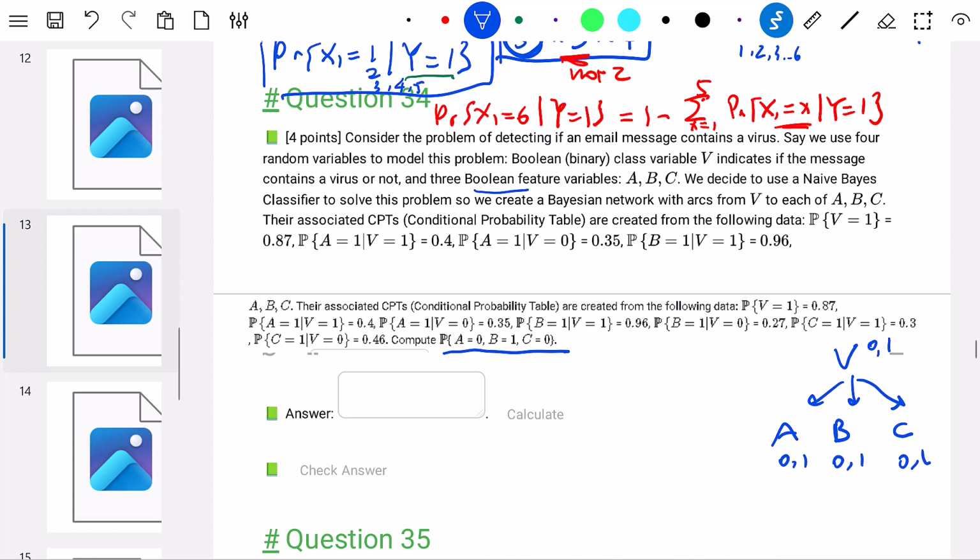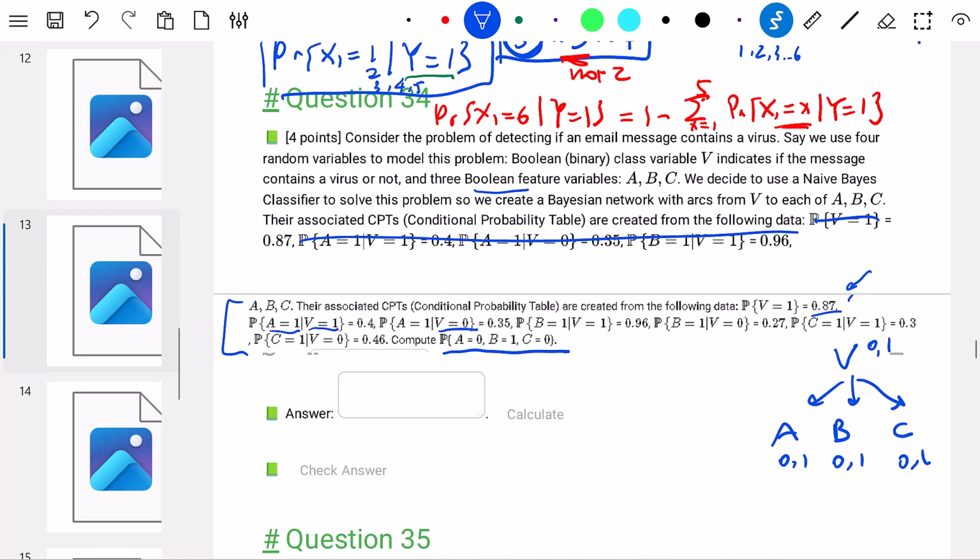Now we can check, do we have all the probabilities? When I printed this page, it didn't show all the probabilities, so I just copy and pasted a screenshot. We need to store one value for V, so that's there. Given V is 1, we need to store only one value for A, because the probability of A being 0 given V is 1 is just 1 minus this, so it's 0.6.